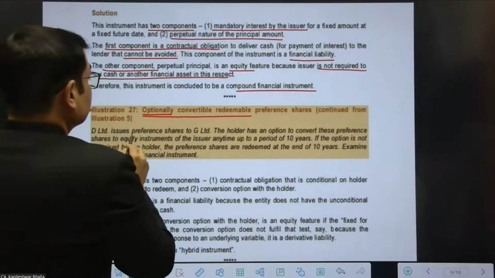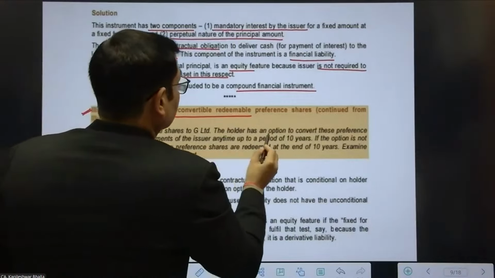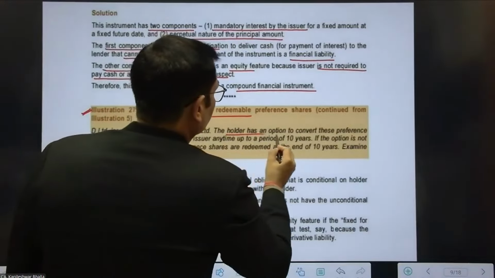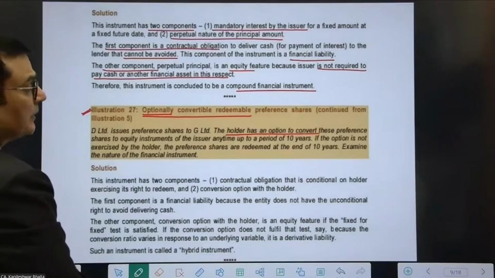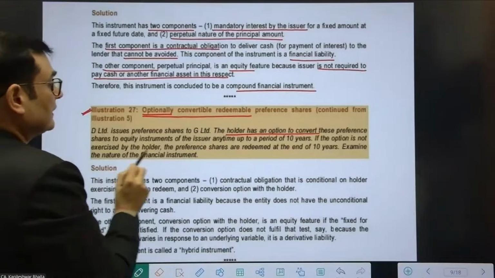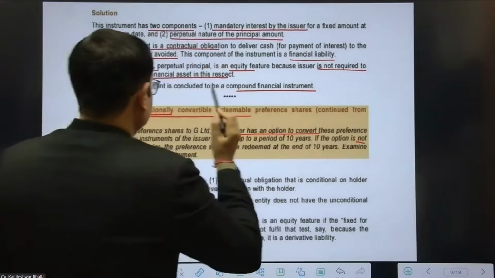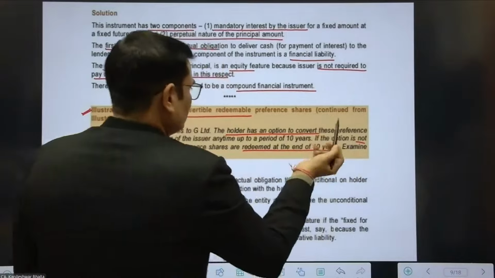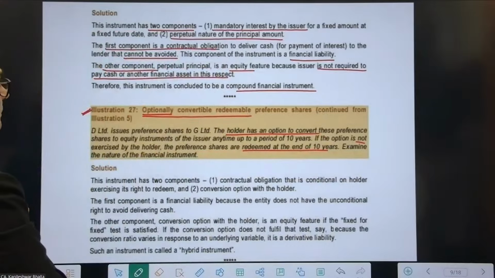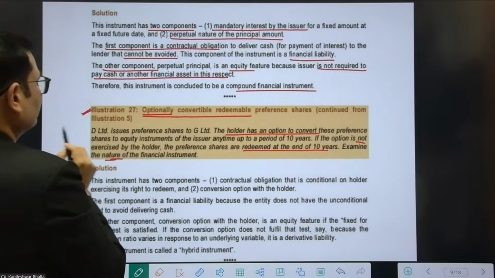It says D issues preference shares to G. The holder has the option to convert the preference shares to equity anytime up to a period of 10 years. If the option is not exercised, the preference shares are redeemed at the end of 10 years. So the issuer in any case has an obligation to pay. Examine the nature of the instrument.